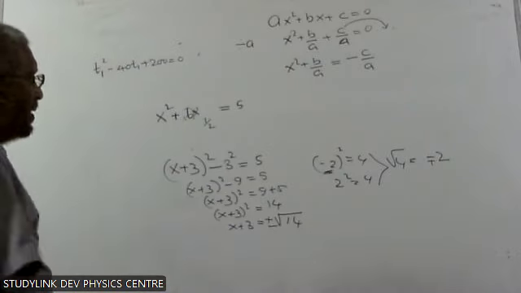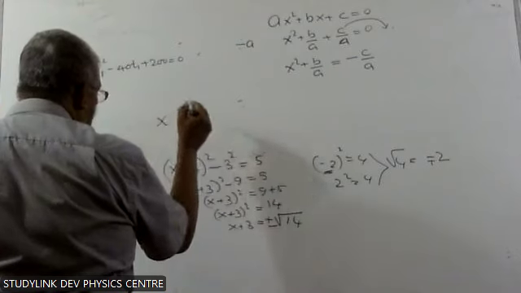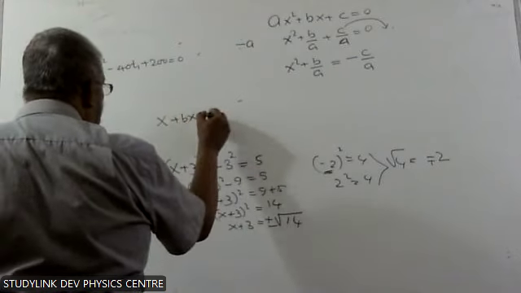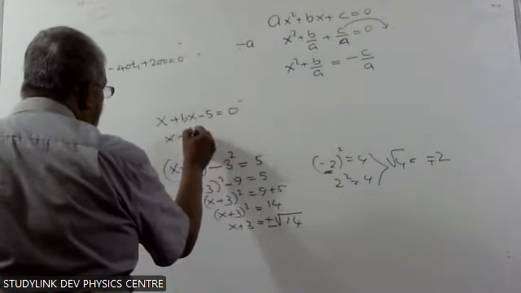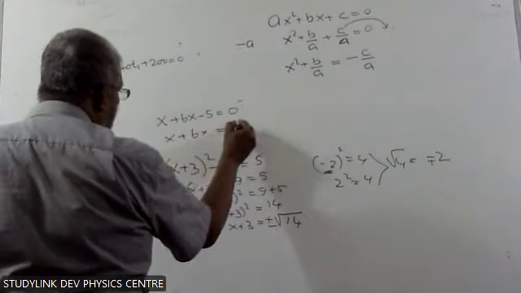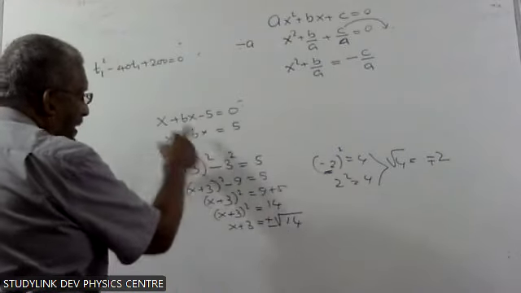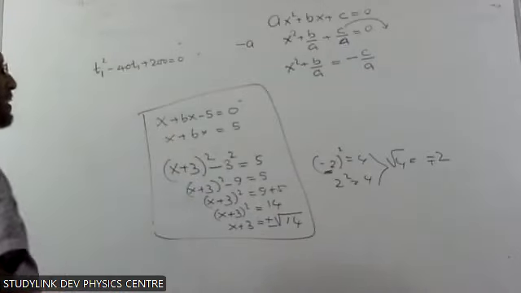Anyhow, you write this equation like this: x squared plus 6x minus 5 is equal to 0. Then x squared plus 6x is equal to 5. Then x plus 3 whole thing squared minus 9 is equal to 5. First you write like this.